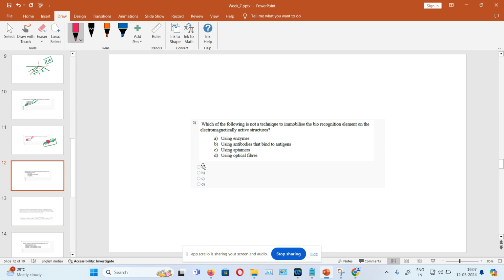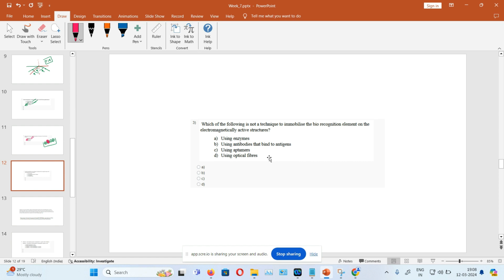Those three answers are correct. Using optical fiber: an optical fiber is actually a waveguide. The properties can be changed, but the optical fiber itself does not directly immobilize the molecules. It changes the properties either on the fiber itself or in the environment surrounding the fiber, and by changing the parameters of the light passed through the fiber we can understand the properties to be measured.